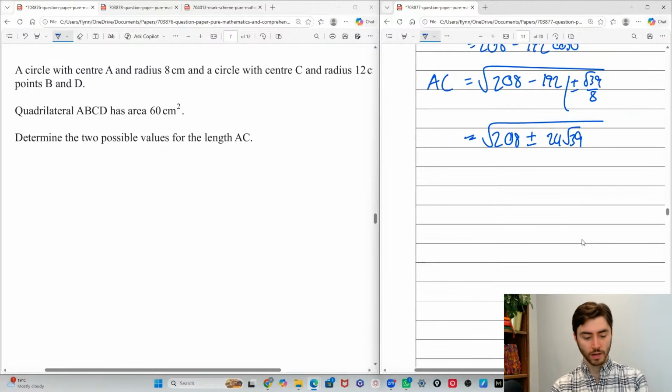So root of 208 plus 24 root 39. Well, actually, I'll do the negative first. So that's equal to 7.62, or it's equal to 18.92. So those are my two possible values of AC.